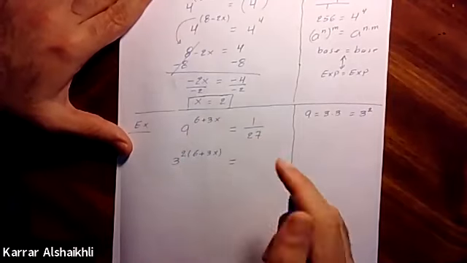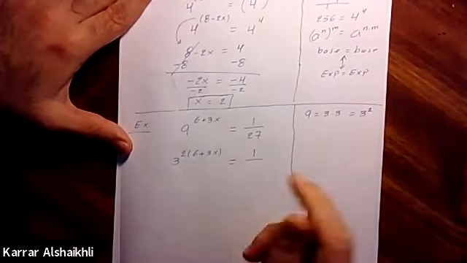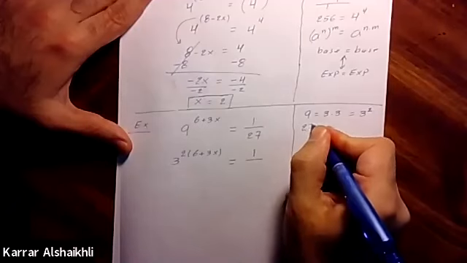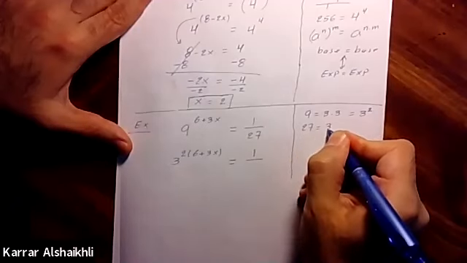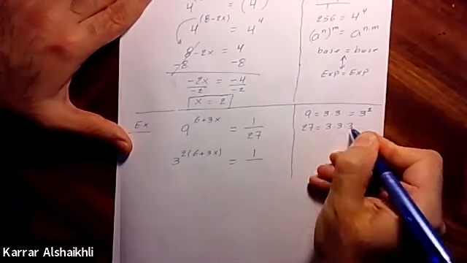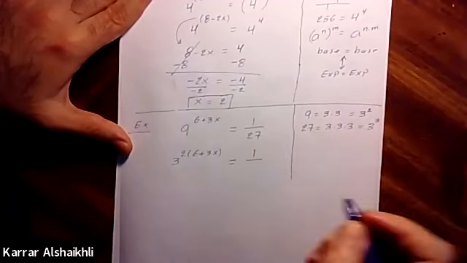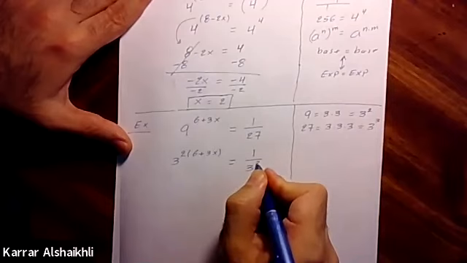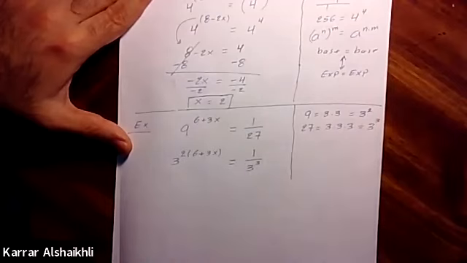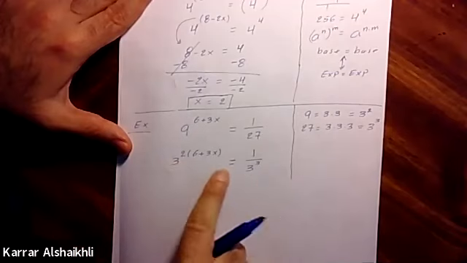On the other side, 1 over 27. It's 3 times 3 times 3, so I can write it as 3 cubed. So I'm going to write 3 cubed here. Now you see we have equal bases.